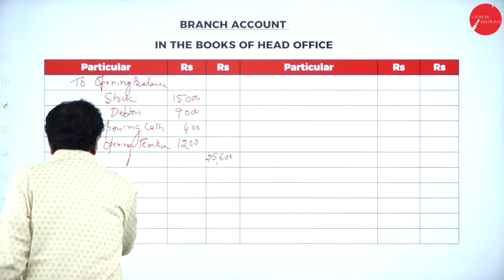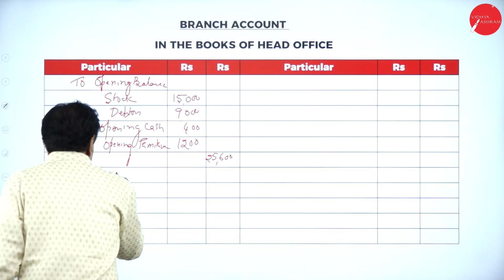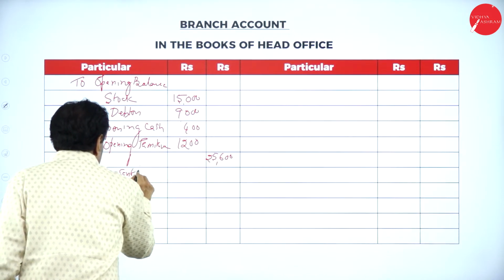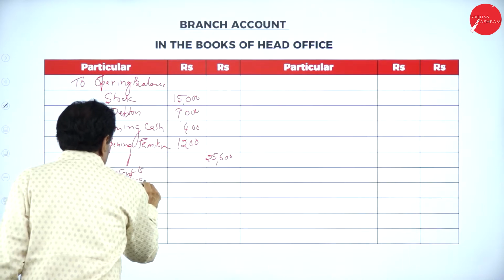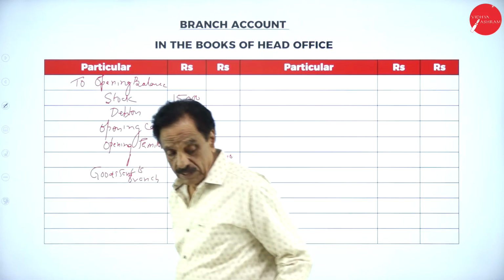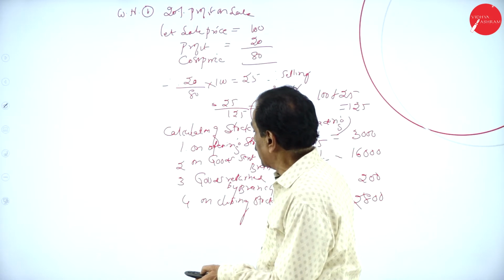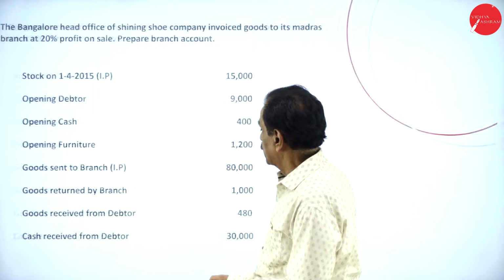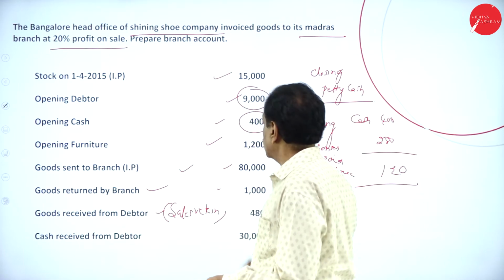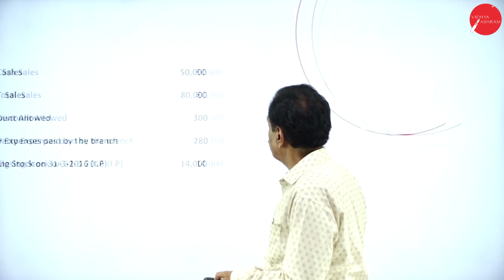Goods sent to branch. See that. What's the value? Goods sent to branch, invoice to branch. Here. Goods sent to branch. How much? 80,000.